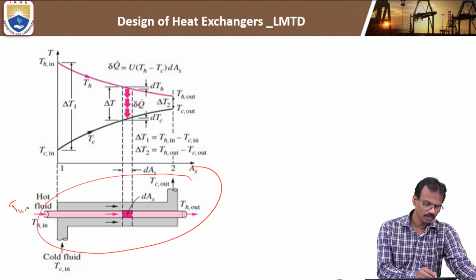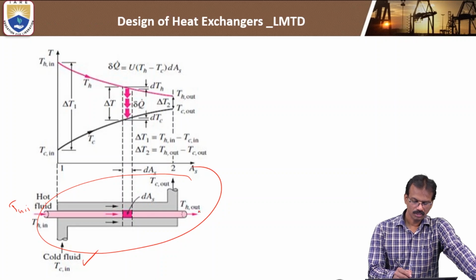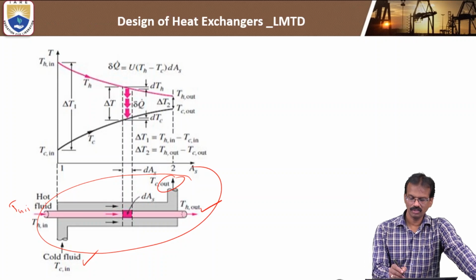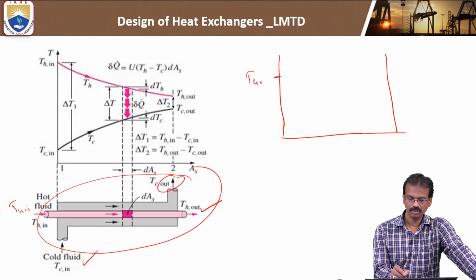So hot fluid inlet here, here also cold fluid inlet, and these are the hot fluid outlet and cold fluid outlet. The temperature profile is like this one. You know this one, I am just drawing it again. This is the hot fluid inlet, and this one is the cold fluid inlet.